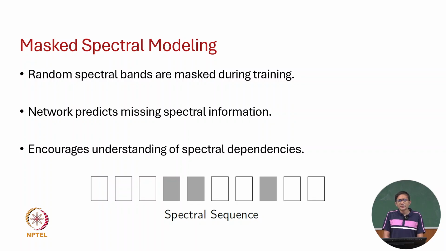So at some point in one of the later weeks, when we have already discussed vision transformer and all, we'll see that masked image modeling indeed is one of the popular approaches for self-supervised learning in the era of vision transformer. And masked spectral modeling in a similar way is a nice possibility for hyperspectral image self-supervised learning.